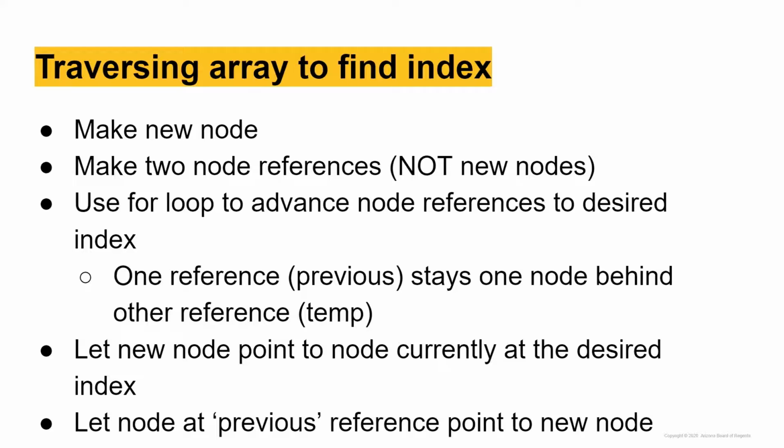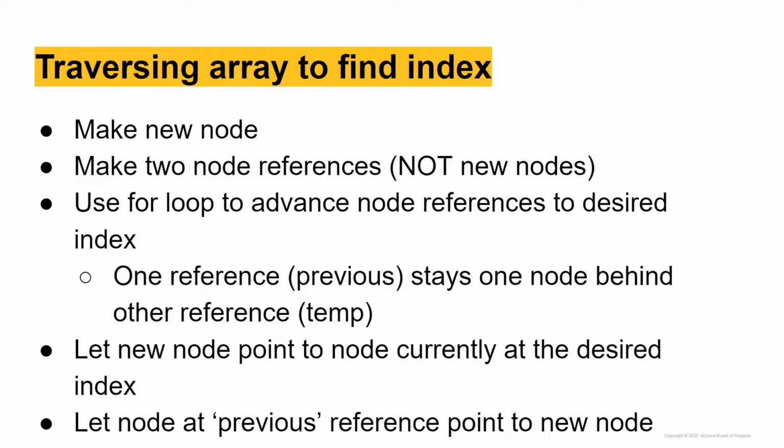Once we've found the index that we want to insert at, we make the new node point to whatever node is currently at that index, saying, move over, we're taking your spot here, push everything to the right or to the left, depending on how you're imagining this.